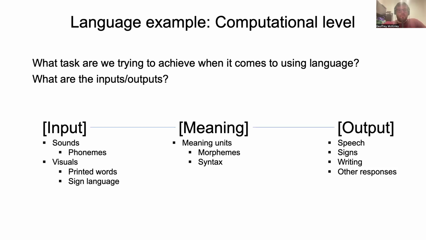Morphemes are just sounds that mean something. So this could be a prefix or a suffix, or just a word. So there has to be a system for how to combine sounds or morphemes into each other to make words. And then there also has to be a system for combining words into sentences, and we call this syntax.